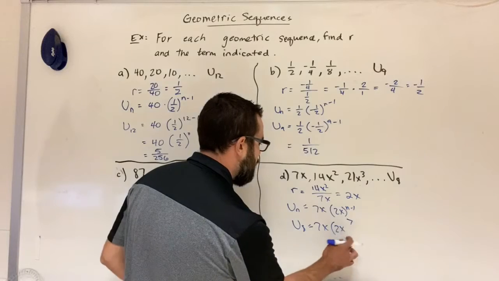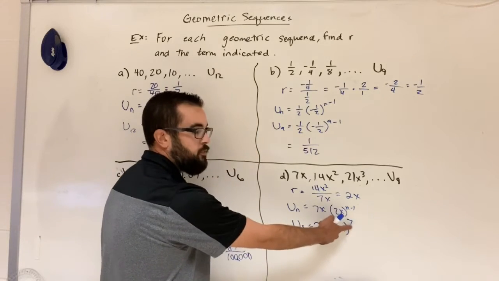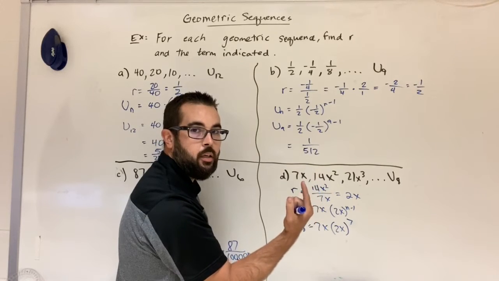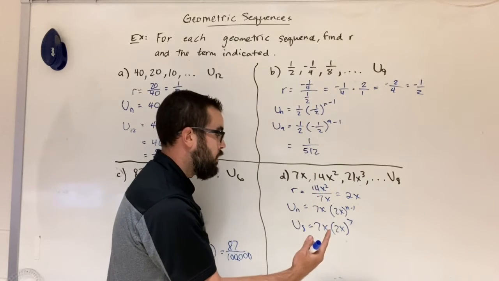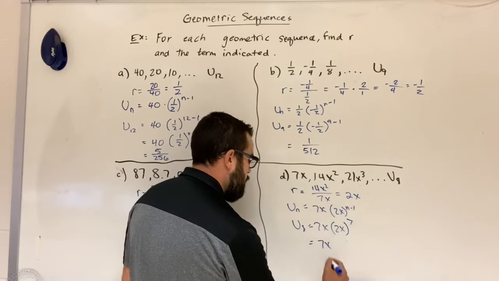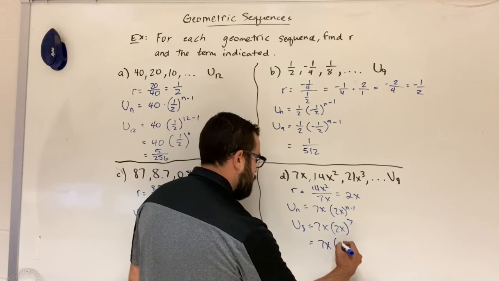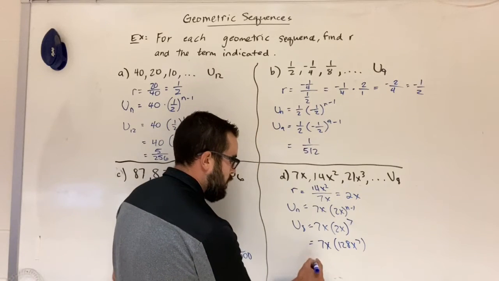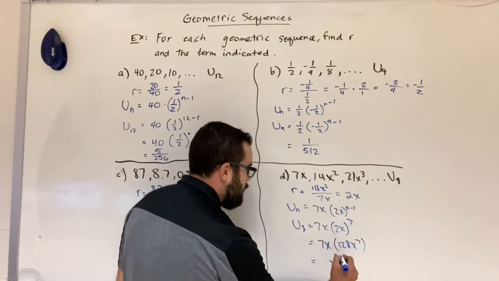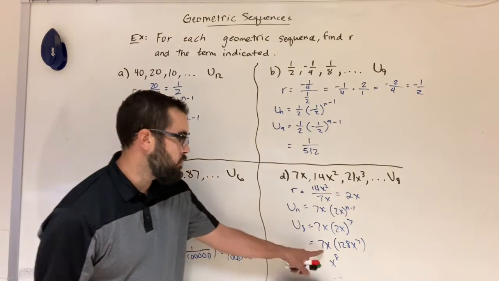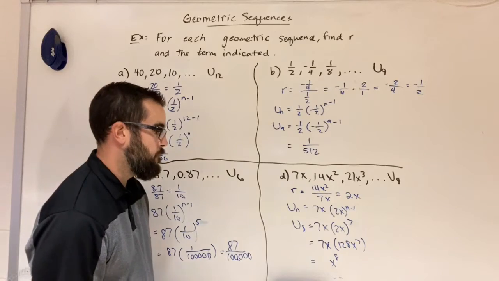I know 2 to the 5th is 32. 2 to the 6th is 64. So 2 to the 7th is 128. So I have 7x times 128, x to the 7th. I know my answer is x to the 8th because x times x to the 7th is x to the 8th. I just need to do 7 times 128.